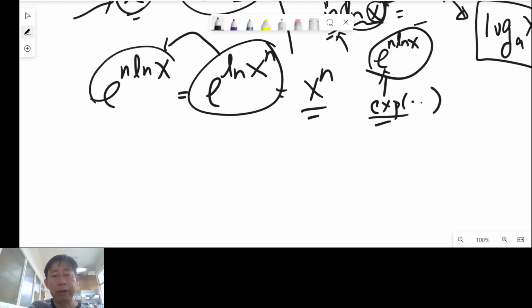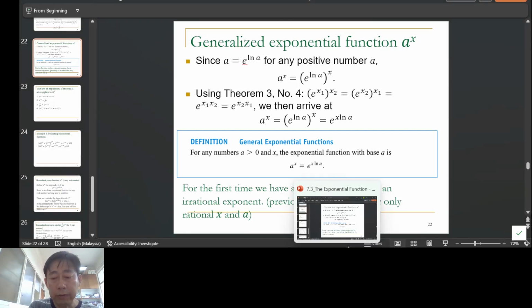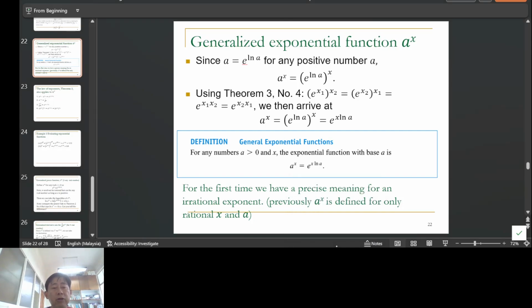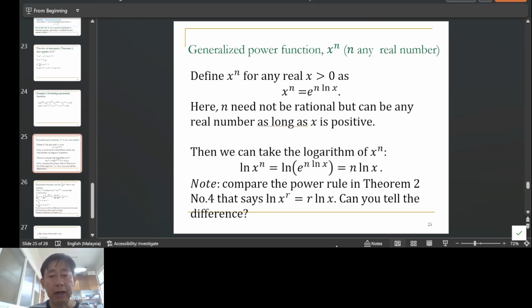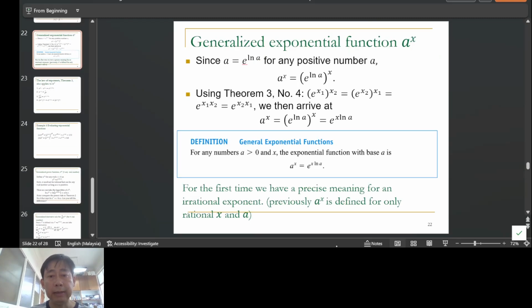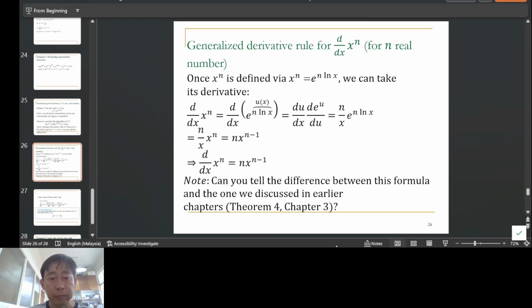So up to this point, we are going to discuss a little bit of examples on the generalized exponential function and the generalized power function. So this is the derivative of the generalized power function, and then this is the generalization of the exponential function, which I already discussed in detail.